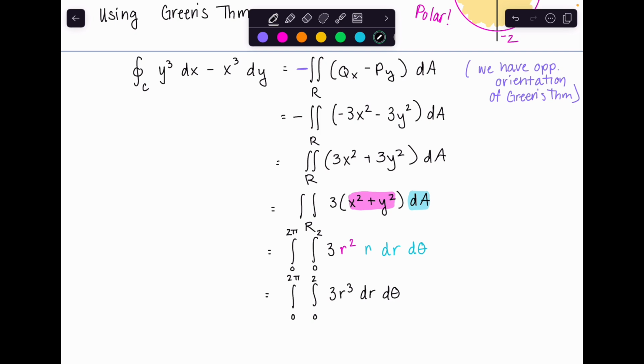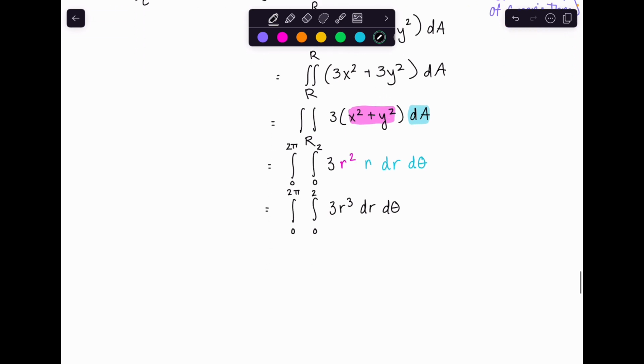And then I don't have theta in here at all, so this is even separable in this case. It's the integral from 0 to 2 pi of d theta, and then from 0 to 2 of 3r cubed dr.